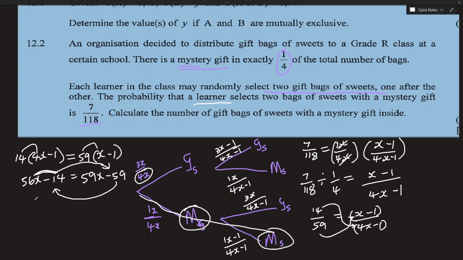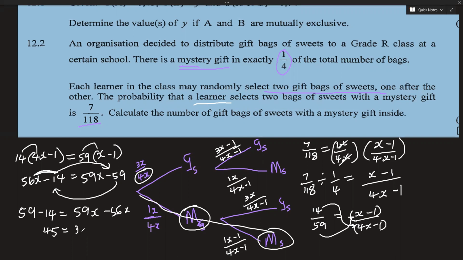So this is going to be positive 59 minus 14, which is the same as 59x minus 56x. Then 59 minus 14 should give us 45.